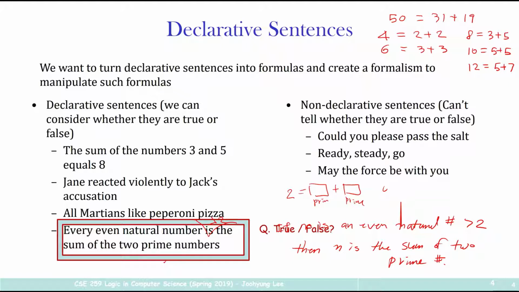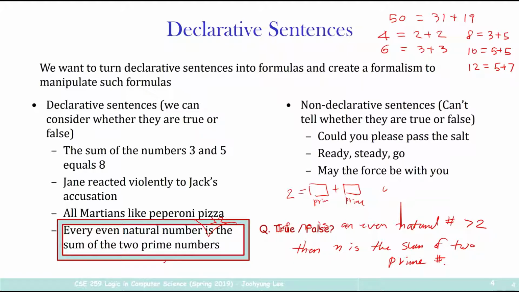Okay. So is it really true or false? Well, that's a bit tricky because this sentence has no ambiguity. You know what is an even number, what is a natural number, you know what is a prime number. But then it's not easy to see why this is true or false.